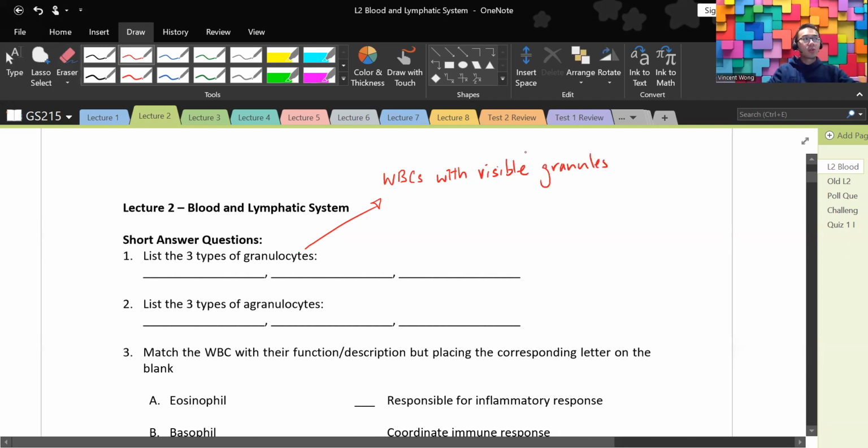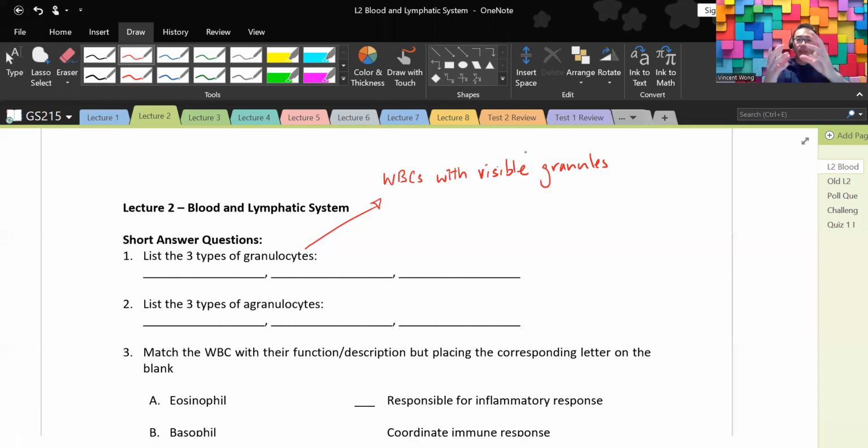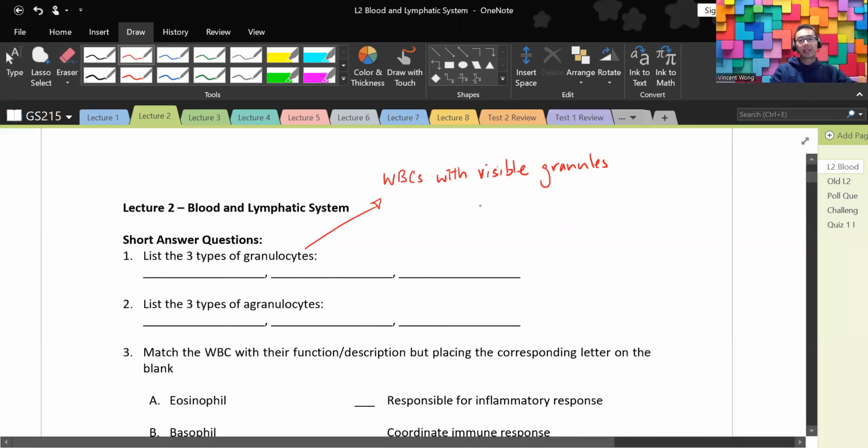Granules are similar to lysosomes, if you would. They're little vacuoles that have various chemicals in them, and you can see them clearly for granulocytes. So white blood cells with visible granules under the microscope.